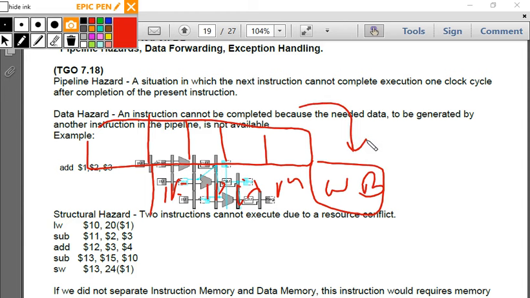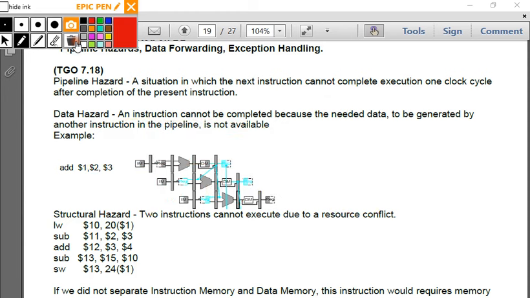So does anybody remember the throughput equation from yesterday, about how long it takes for a pipelined datapath to execute in an ideal situation? The question states for n instructions and k stages, so in MIPS it's 5, and you have the clock cycle as T_P, what should that throughput equation be?